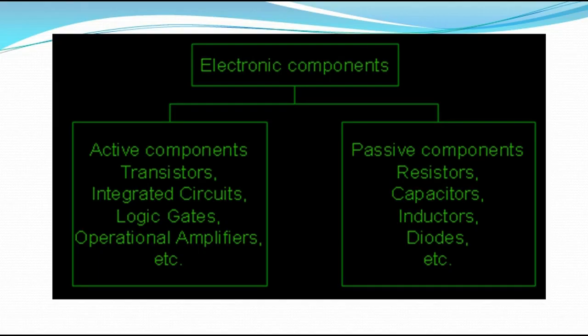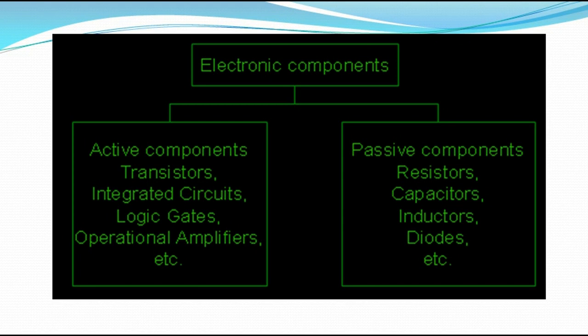Now there are electronic components. It has active and passive. Here in active components, it has transistors, integrated circuits (ICs), logic gates, operational amplifiers. There are other ones as well.